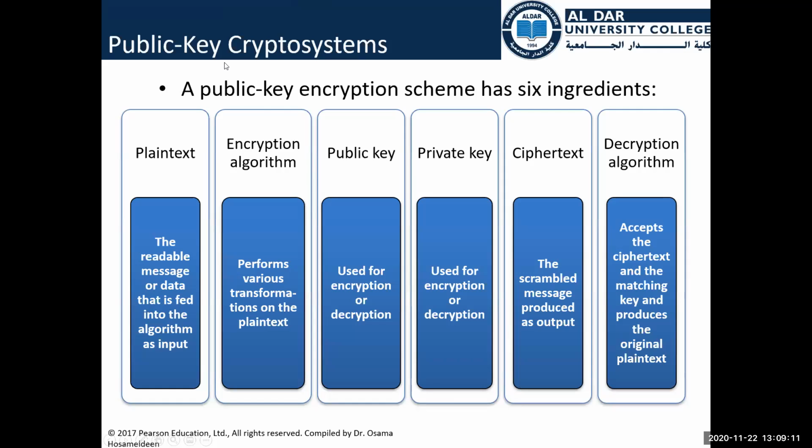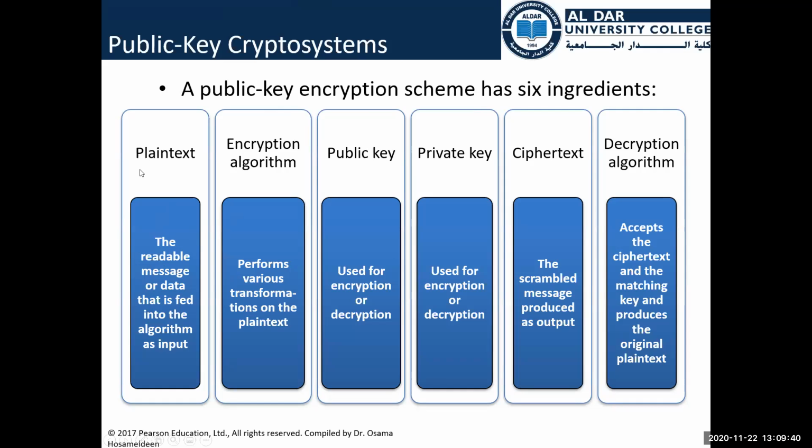A public key encryption has 6 ingredients, the components of the public key cryptosystem. The first component is the plain text. The plain text, as you know, is the data that we can read without any problem. We can read it like plain text, for example, you are sending an email, you are sending a message on WhatsApp, you are sending a file.